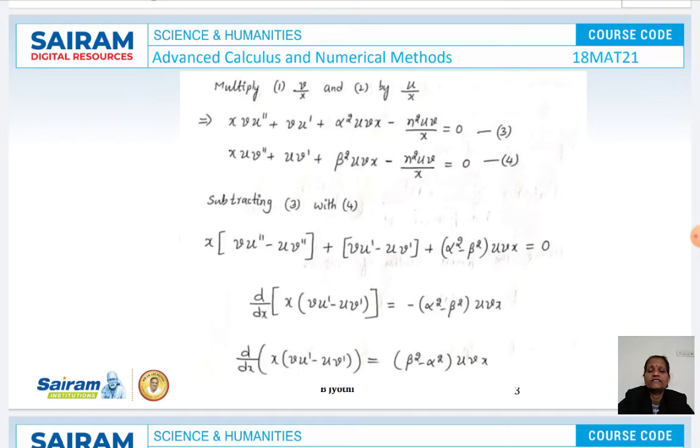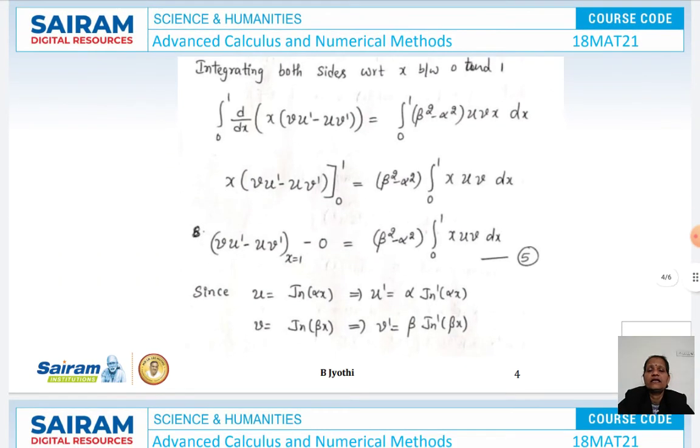Now the first and second terms can be written as d by dx of x into v u dash minus u v dash, that is equal to minus of alpha square minus beta square of uvx, that is d by dx of x into v u dash minus u v dash is equal to beta square minus alpha square of uvx.